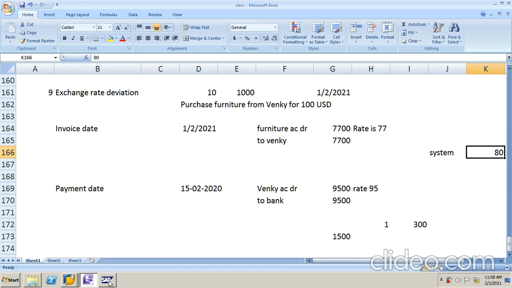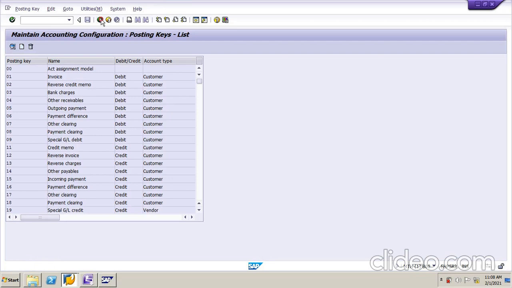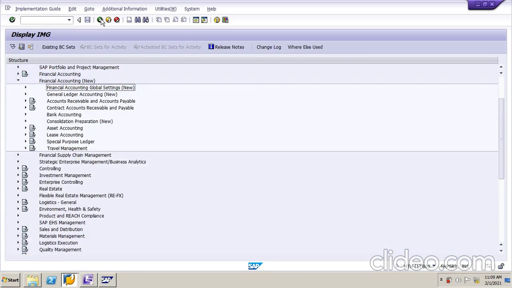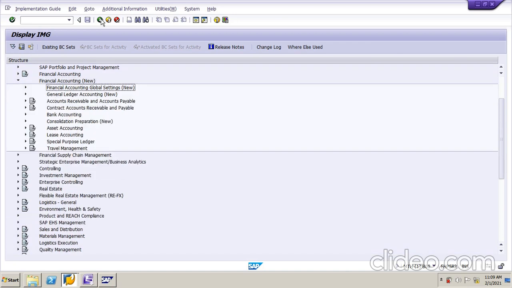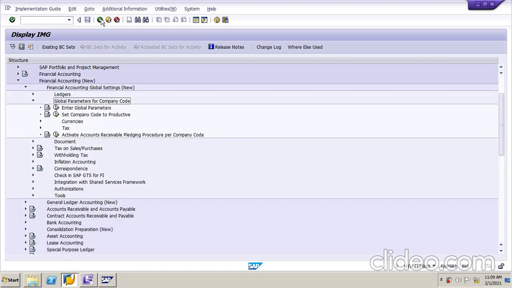So we will see the configurations. It's a very simple configuration. Go back. Financial accounting new, general ledger new, sorry, financial accounting new, financial account global settings new, global parameters for company code, currencies.